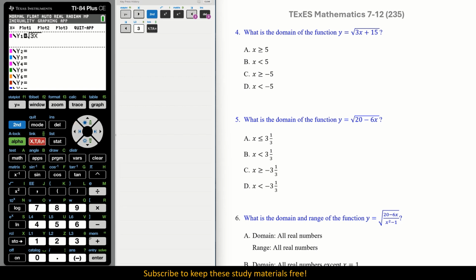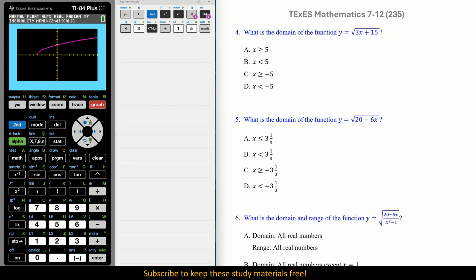Okay, 3x plus 15. Now we see from our graph that our domain, we're going to go along the x-axis. Looks like -5 right there, and then everything above, okay? So let's get rid of the 5s.